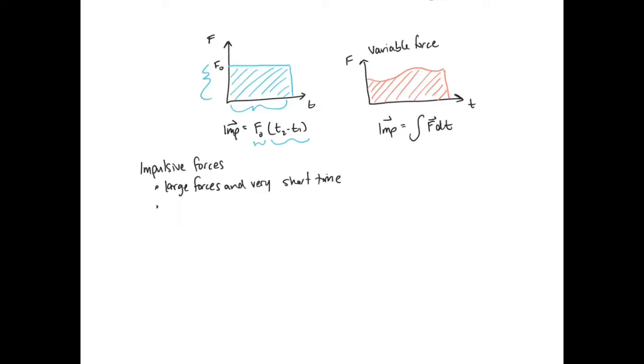So a good visual for this would be a tennis racket hitting a tennis ball. It hits the ball for a very, very short time. Now, realistically, the force against the ball when the racket hits it is not constant. It's going to be changing with time. But because this time interval is so short, we actually just consider it as if the force was constant.